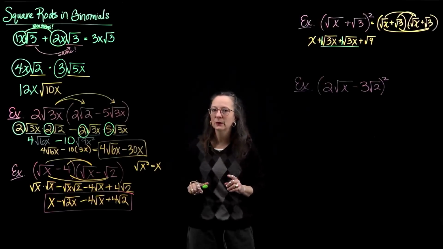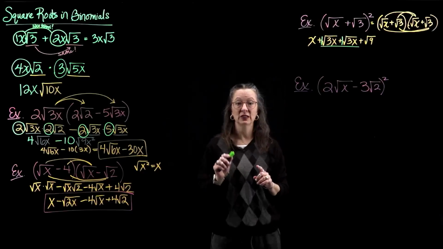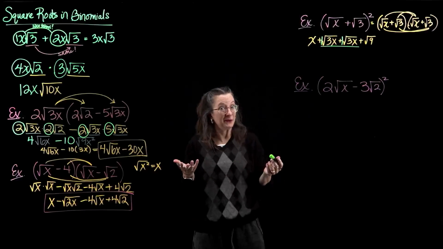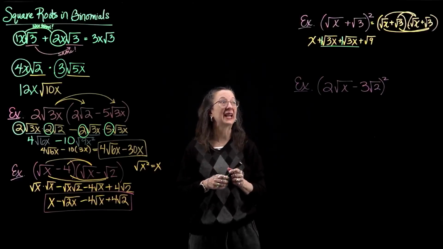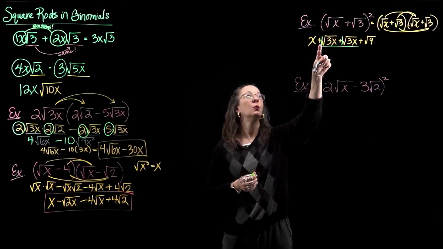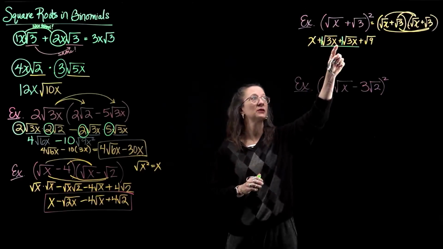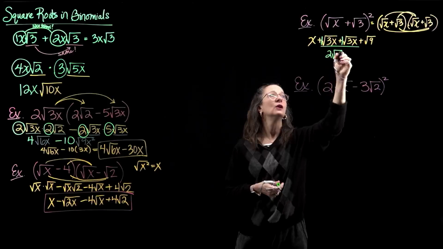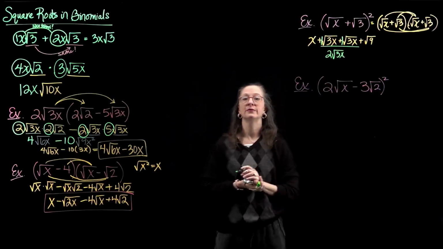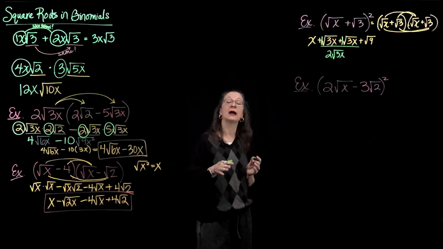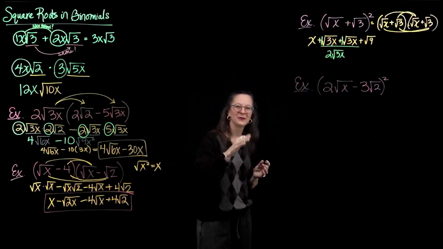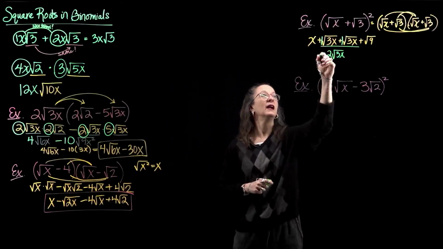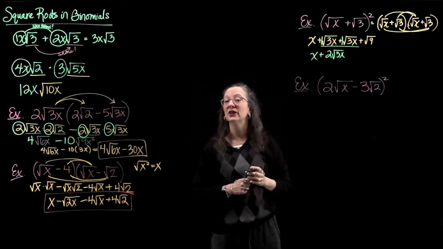All right, next thing we check, are their coefficients like terms? 1 and 1 are in fact like terms. They're the same, so we can definitely add them. So when I add 1 square root of 3x plus 1 square root of 3x, I'm going to have 2 square root of 3x's. This is similar to if you were to add 1y plus 1y, you'd have 2y's. Okay? All right.